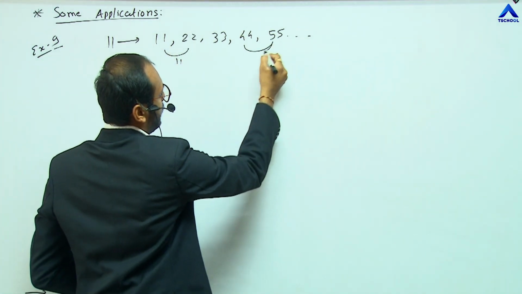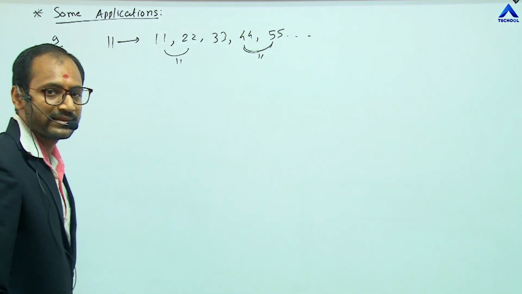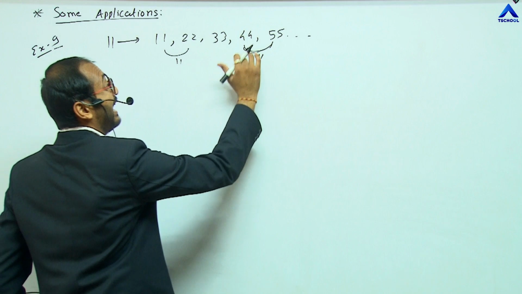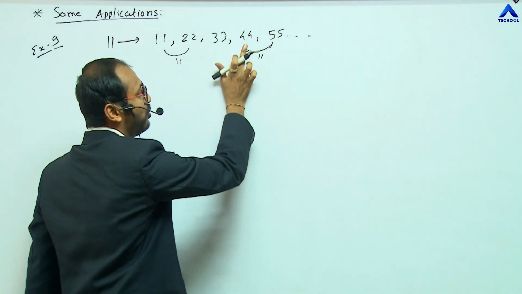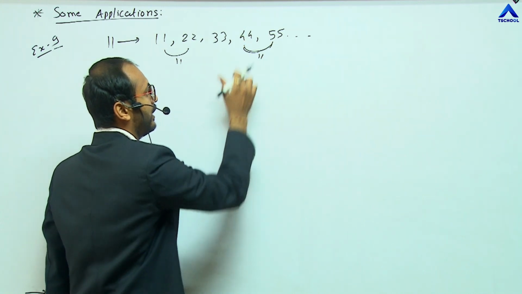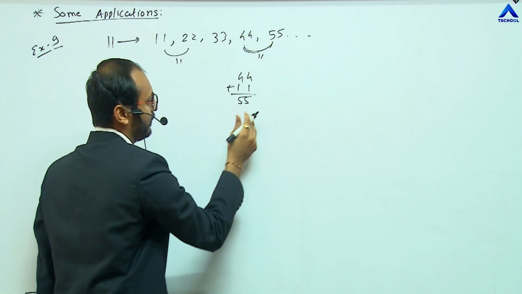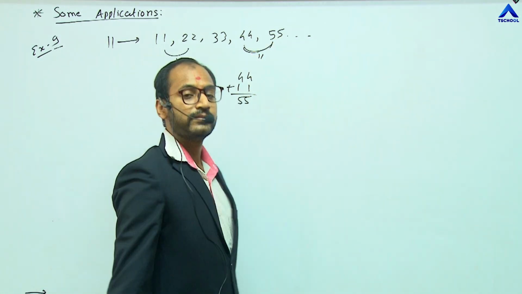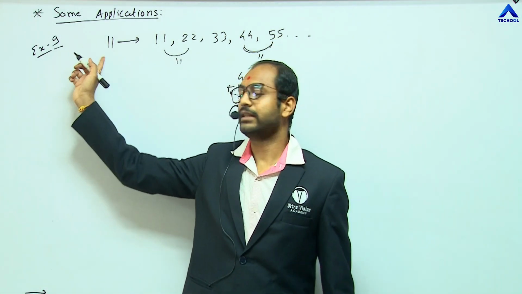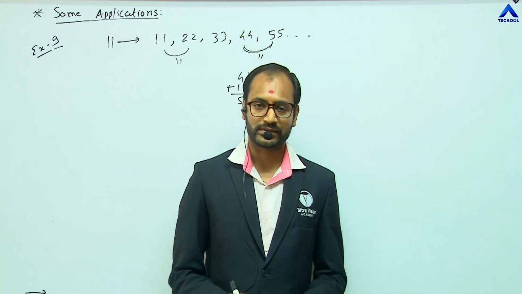To get the next number, we have to add 11 to the previous number. If I add 44 plus 11, we get 55, the next multiple of the given number. This is true for all numbers.